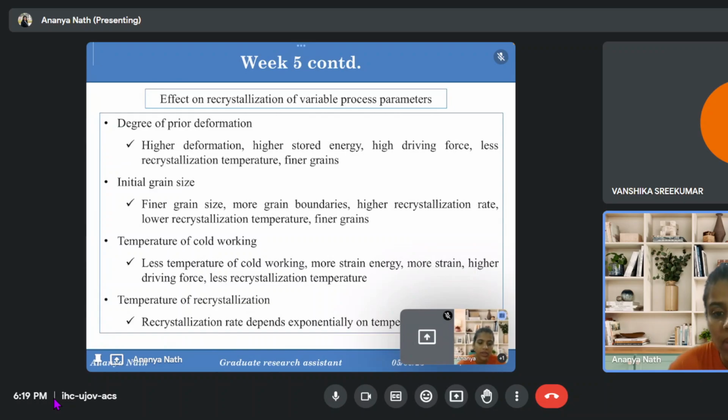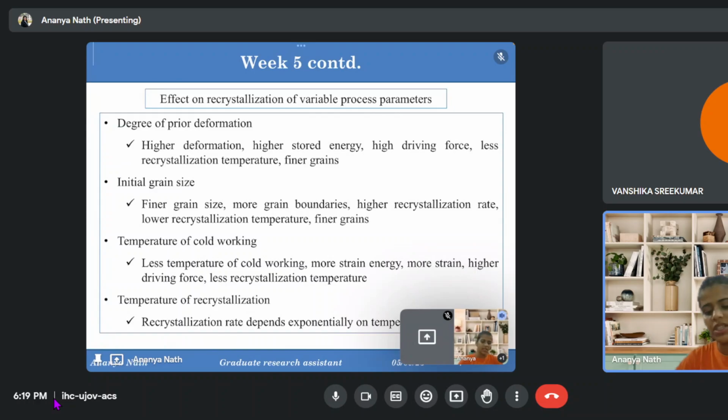It should be much less than the recrystallization temperature. The lower the temperature of cold working, the more strain energy, more strain, and so a higher driving force and a lower recrystallization temperature. We want the deformation to take place inside the material more and more, because deformation gives rise to more and more dislocations. So that is our main motive.